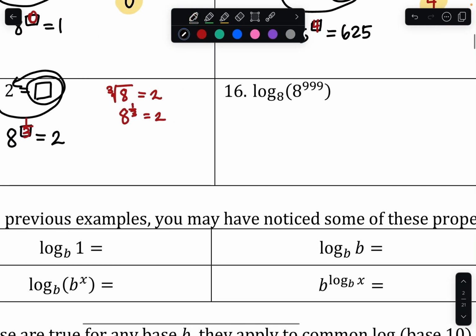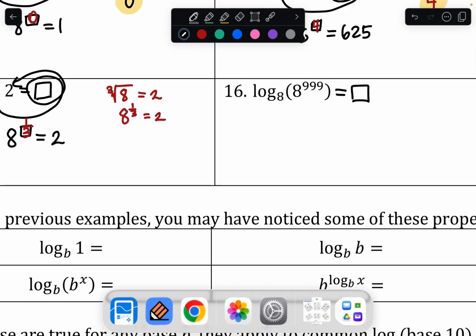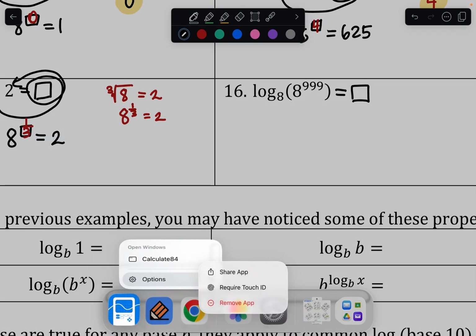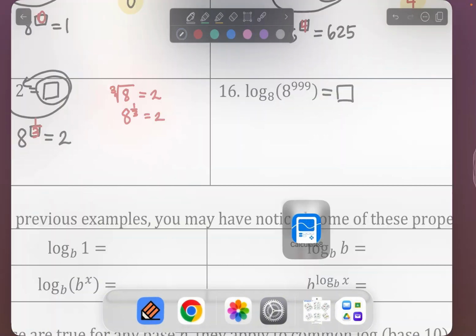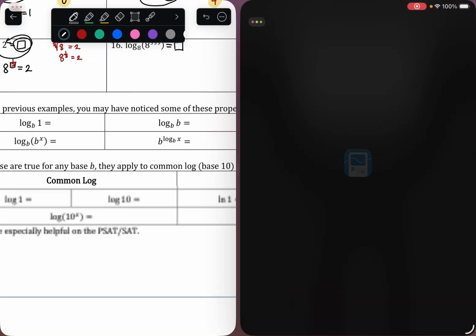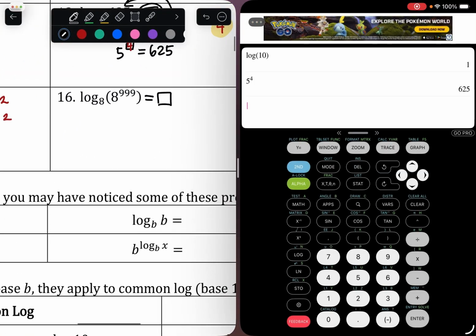All right, here we're trying to figure out log base 8 of 8 to the 999th power. They usually put these kinds of questions on calculator tests to see if you really know the principle, because I don't think the calculator can handle this kind of input. Log base 8 of 8 to the 999th power gives an overflow error.